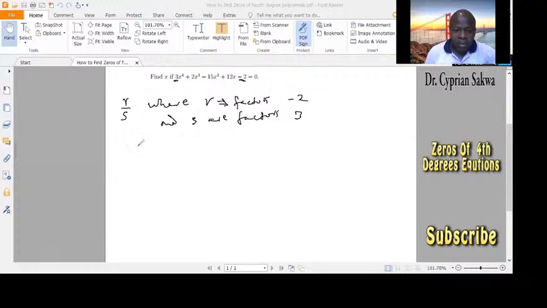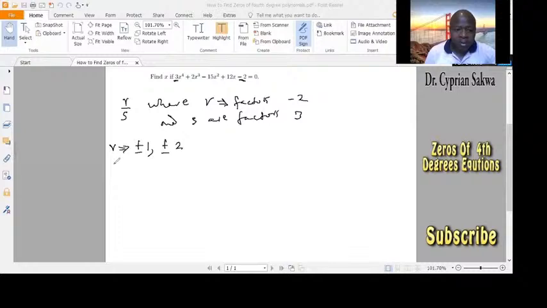So what are the factors of -2? Factors of -2 are positive or negative 1 and positive or negative 2. So these are the possible r. Our possible r are these.